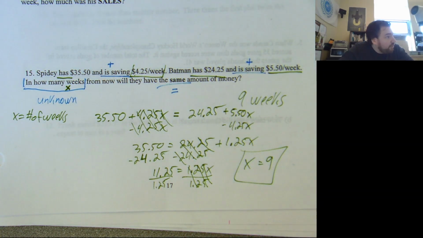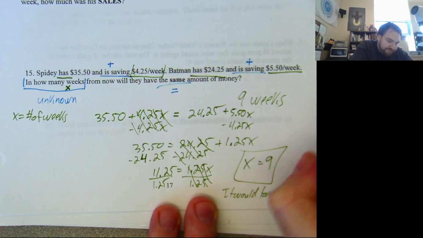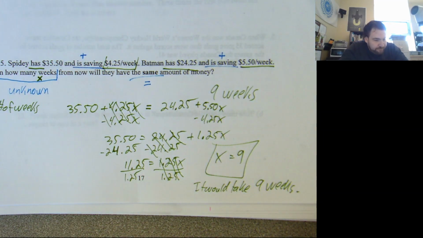And because the question was given to you in words, your answer needs to be given in words as well. It would take 9 weeks, period. That is question 15 in all of its phantasmic detail.